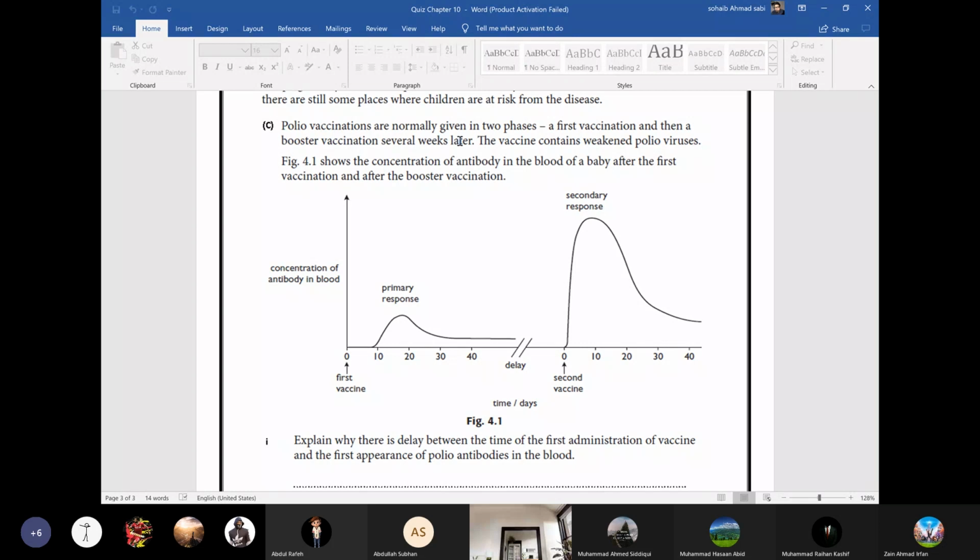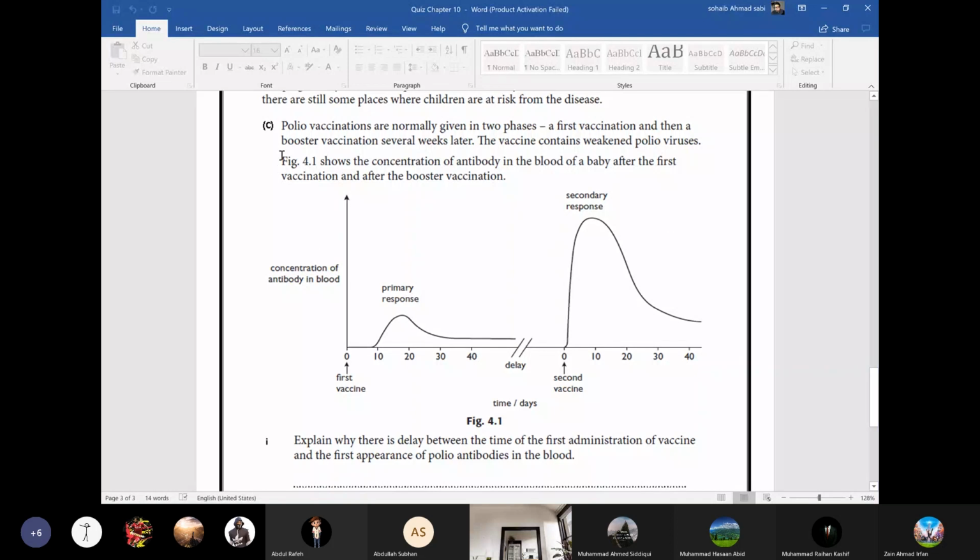The first dose gives you immunity. The second dose is called a booster dose because it enhances the immune response. Understand, everyone? Even for corona, the person has to take two shots.